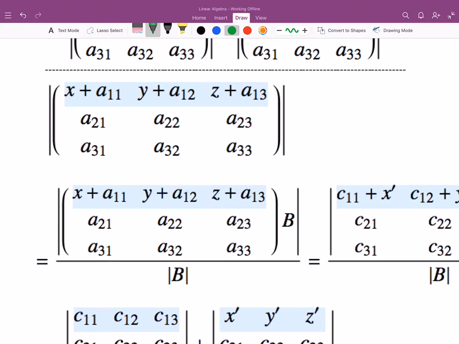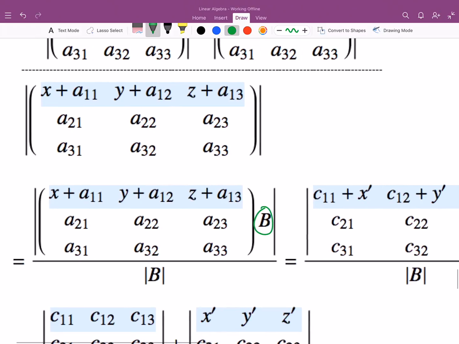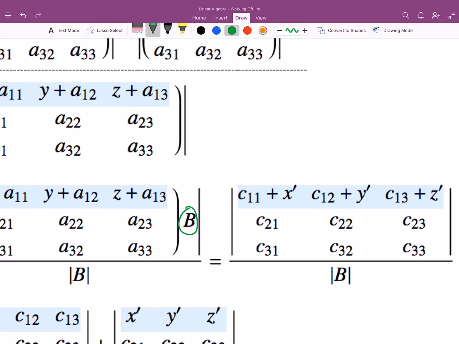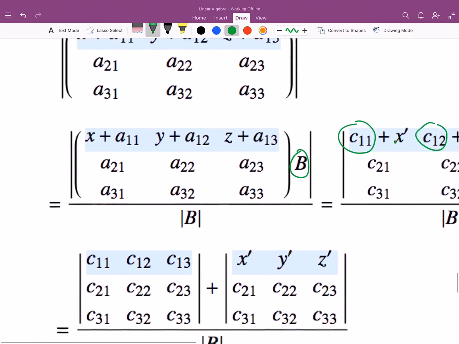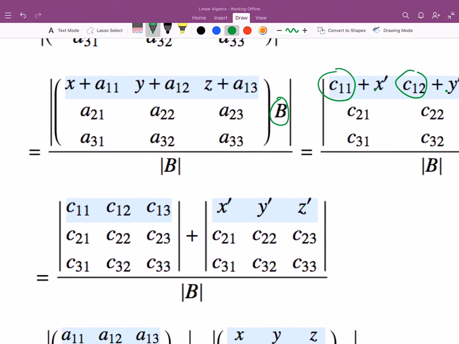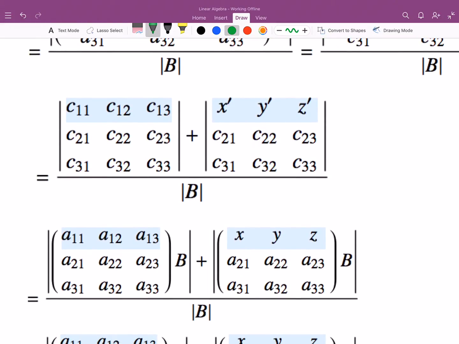This is a little more tricky to understand: when you add a number to a row, how does that multiplication with B affect the answer? It turns out all that does is keep the numbers that were there in the original matrix and just add x prime, y prime, and z prime. That allows us to break up the numerator into two determinants, and again the determinant comes from the formula of the determinant of AB over B.